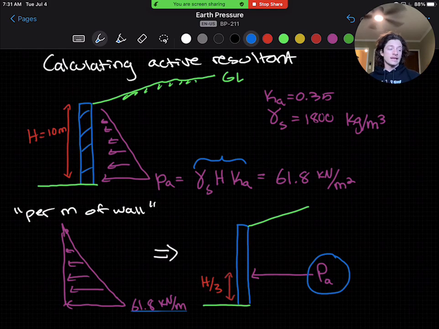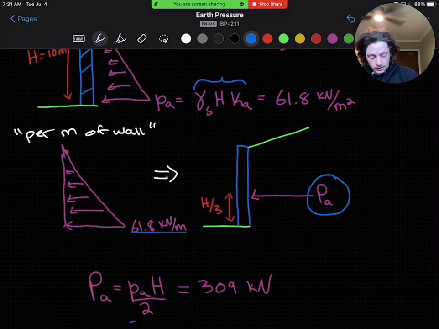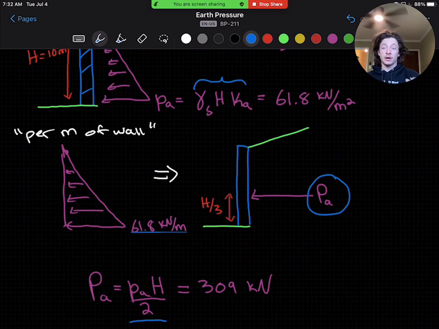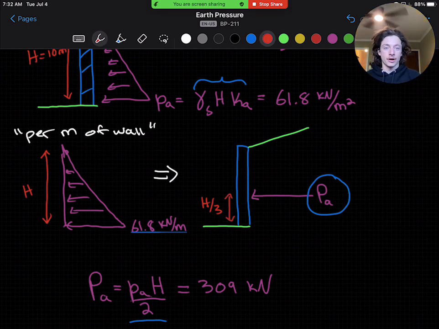So P, the active resultant, is then just the area of the pressure distribution triangle, which is going to be 309 kilonewtons. And you can see the equation here. Our capital P is our lowercase p, our area load, which we convert to a line load because we're just taking this per meter of wall, multiplied by the height of the triangle, h, and then divided by 2 for area of a triangle.